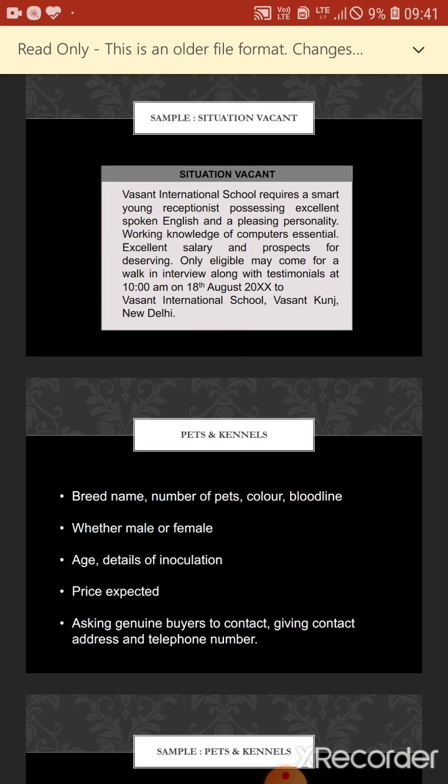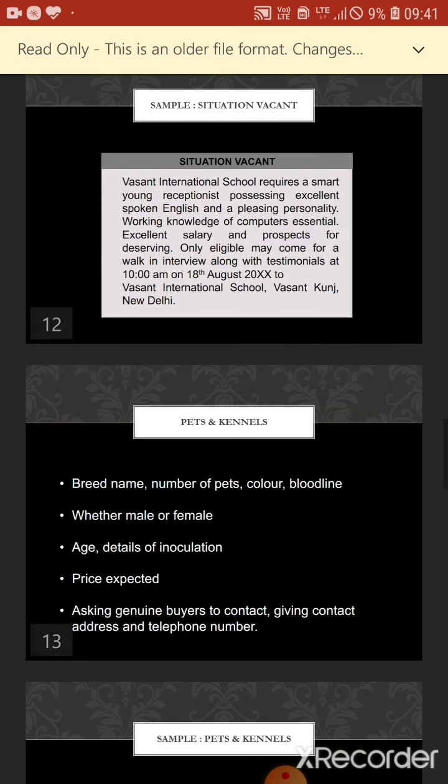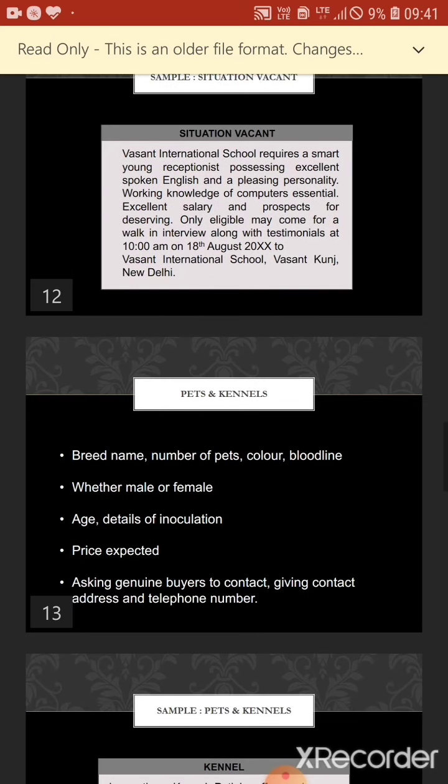Only eligible may come for a walk-in interview along with testimonials at 10 a.m. on 18th August 2020 to Vasant International School, Vasant Kunj, New Delhi. So everything is mentioned. Time limit has also been mentioned. The time of the interview has also been mentioned, and testimonials have also been mentioned. So it's a complete classified advertisement to be written under situation vacant.